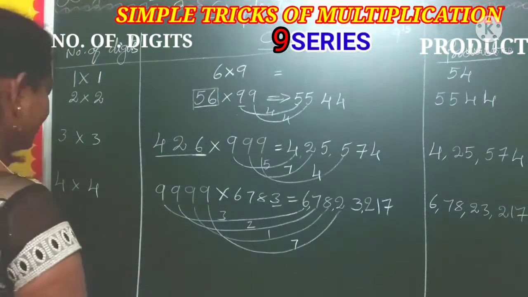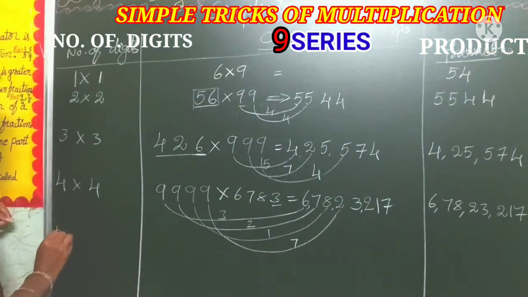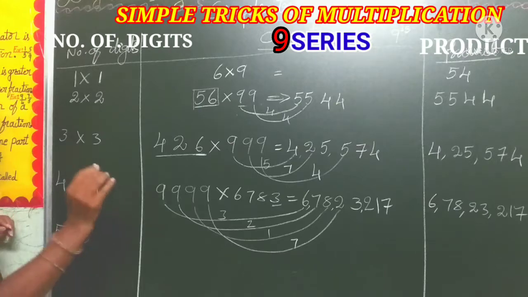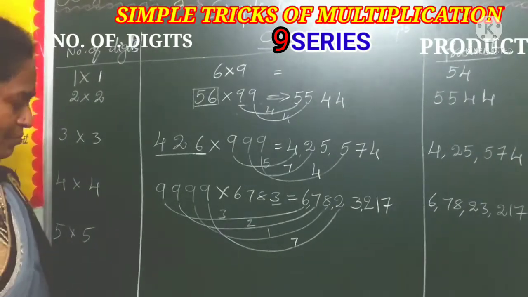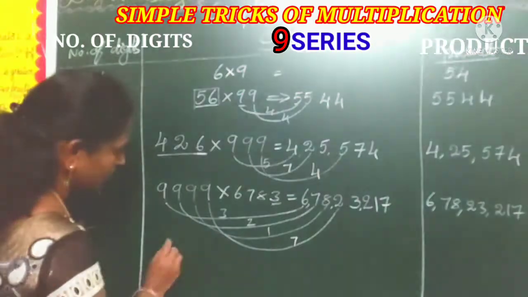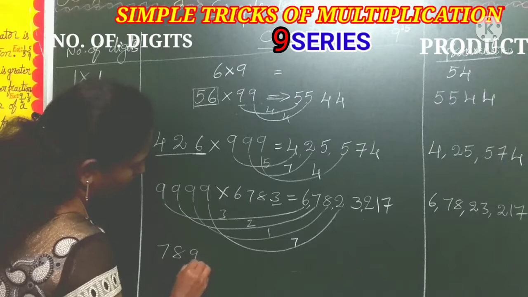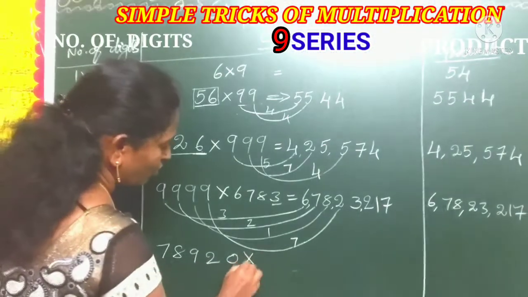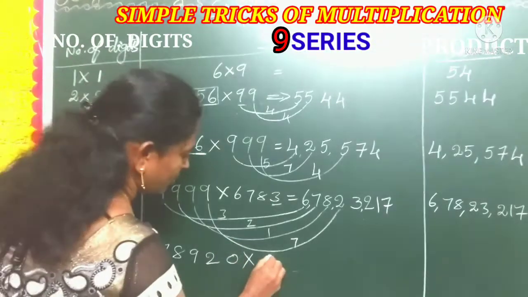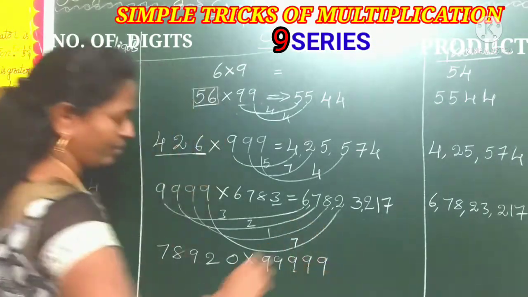Right? Next, 4-digit number already written. Next, 5-digit number. 5 into 5. Right? 5 into 5 means a 5-digit number. Right. Here again, 7, 8, 9, 2, 0. 5 digits are there. Into 5 nines, 9, 9, 9, 9, 9. 5 nines.